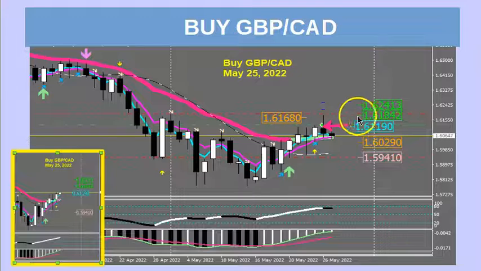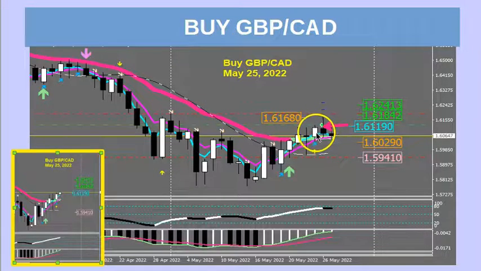So here's the first take profit level, and then price came all the way down, and the next day came down a bit more. I want you to take a look that the total range was only 61 pips.